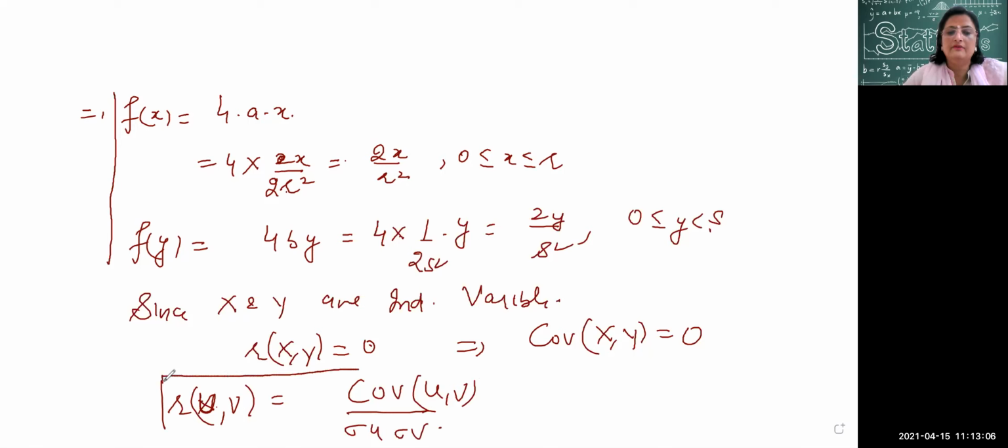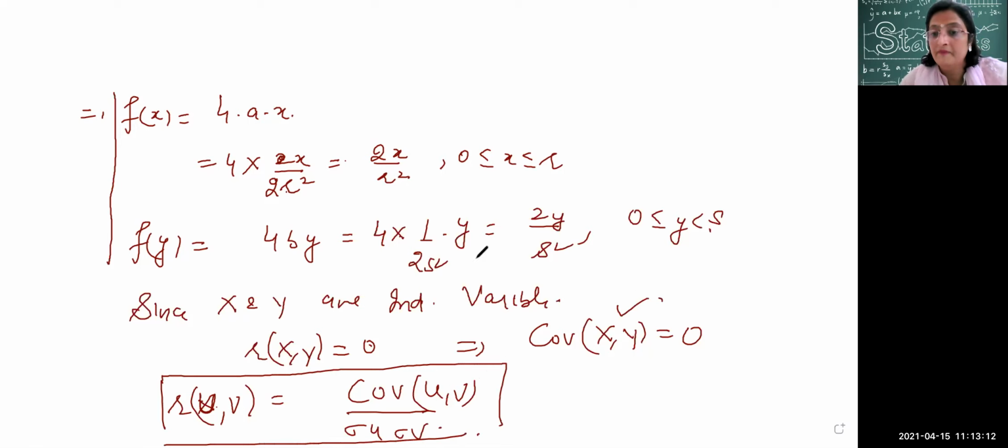So one by one we will calculate according to this formula, and we will use the covariance between x and y as 0, and also when x and y are independent, the expected value of xy will equal the product of expected values, and wherever we need the same thing, we will use it.